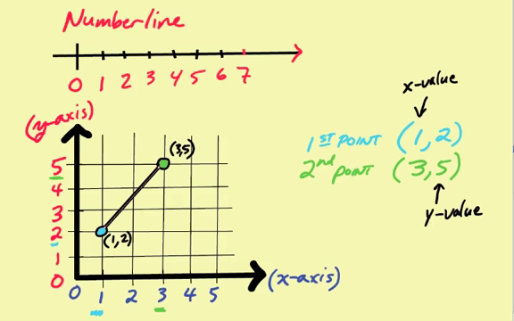And then the y value, this right up here, this number line that goes in the up and down direction corresponds to the y-axis. So 1 comma 2, and then we have the second point, 3 comma 5. So 3 in the x-axis and 5 in the y-axis. And that's pretty much it.